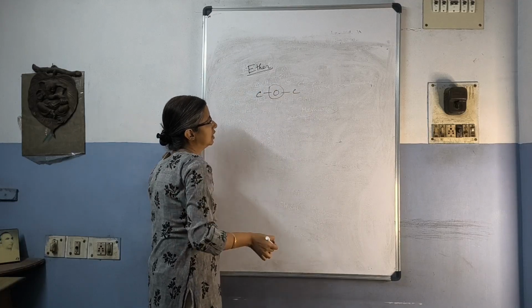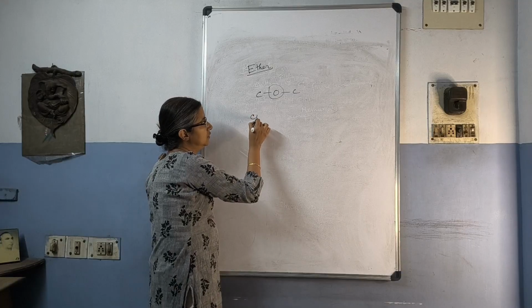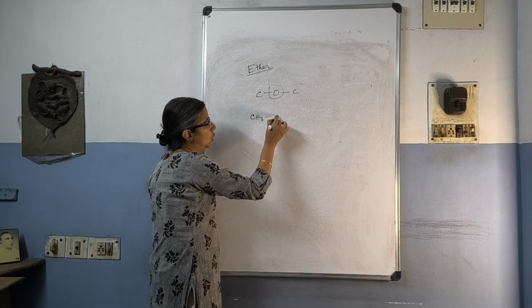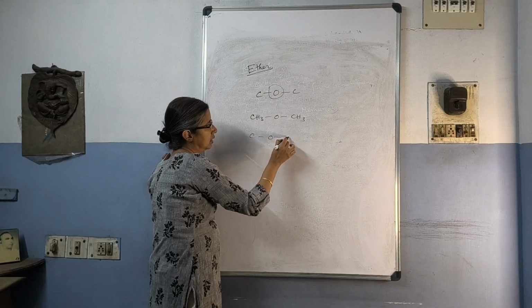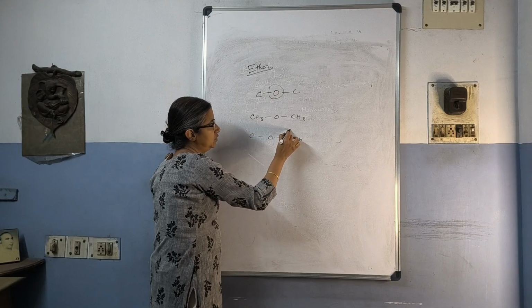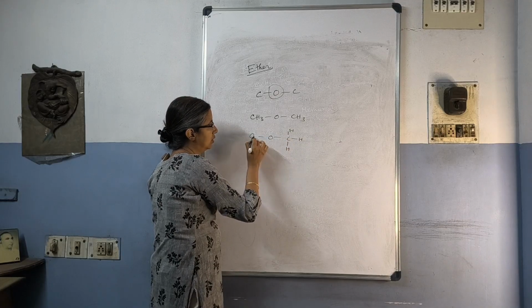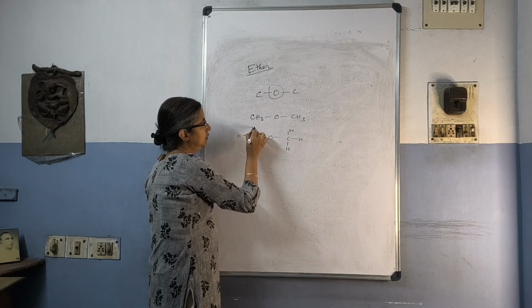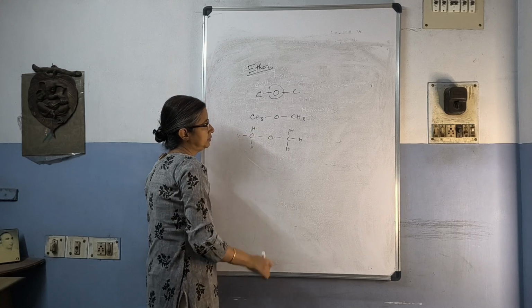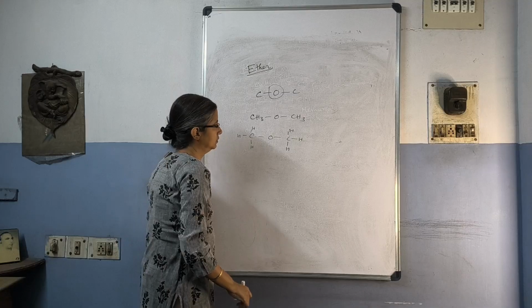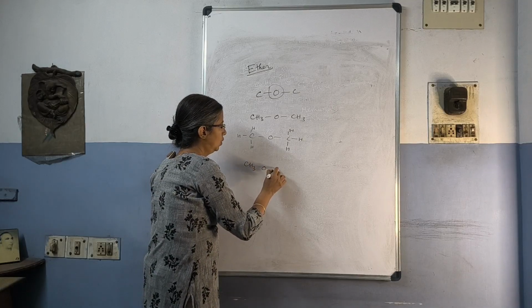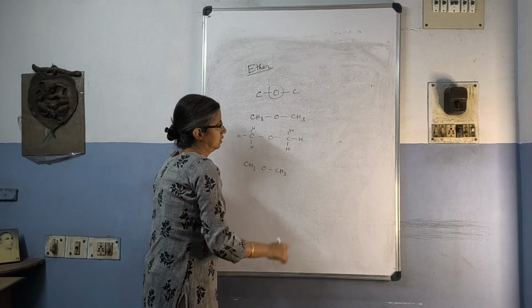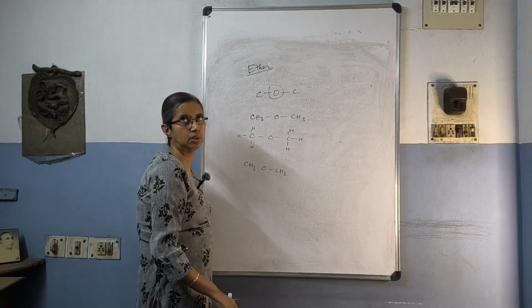This O is the functional group. So how does it occur? CH3OCH3. Why? Always we will fill up the 4 valency of carbons. So it is CH3OCH3. Clear?